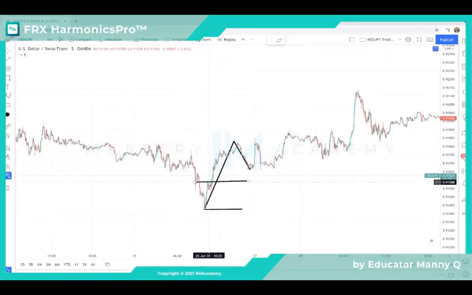Let's say this was the resistance, that was the support, and this was your trading range. The market breaks out the high, giving you a nice run, indicating new higher highs in the market, going above this previous high again and again, signaling a potential uptrend.